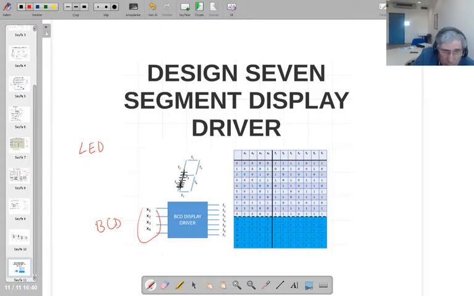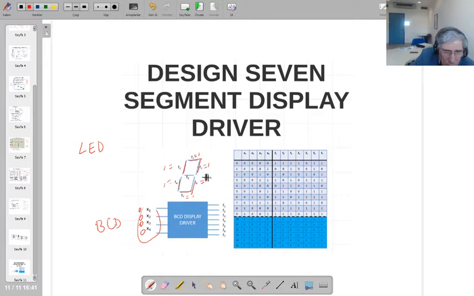So if you want to represent the 0, when the 0 input comes, 0, 0, 0, 0 comes here, this F5 is not going to be on, the others are going to be on, isn't it? So that's going to be 1, 1, 1, 1, 1, 1. That means it is this, isn't it? So that is 0. This is not on. So you could see it here, 0, F3 is not on, the others are on.